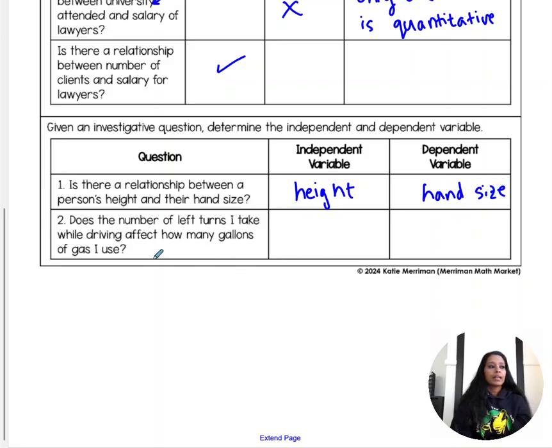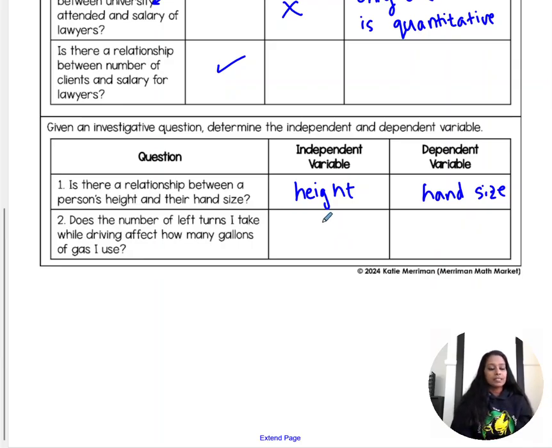Okay. And then here's another investigative question. Does the number of left turns that I make while driving affect how many gallons of gas that I use? It doesn't necessarily have to affect it. That's the whole point of these investigative questions, is to see if it affects it, and then we do the investigation.